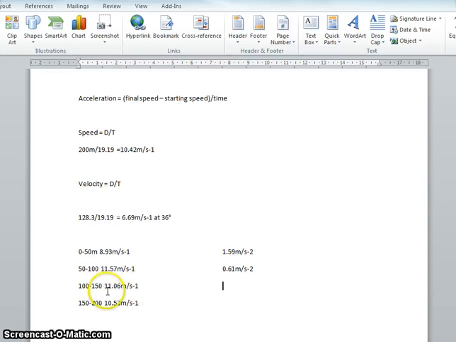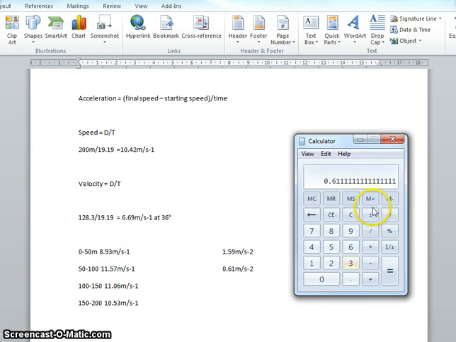So now we've got 11.06 and 11.57. You can probably work out now you're going to get a minus answer, because your final speed is slower than the starting speed. So if we clear this now, our final speed was 11.06, and you minus that by the starting speed, which is 11.57.